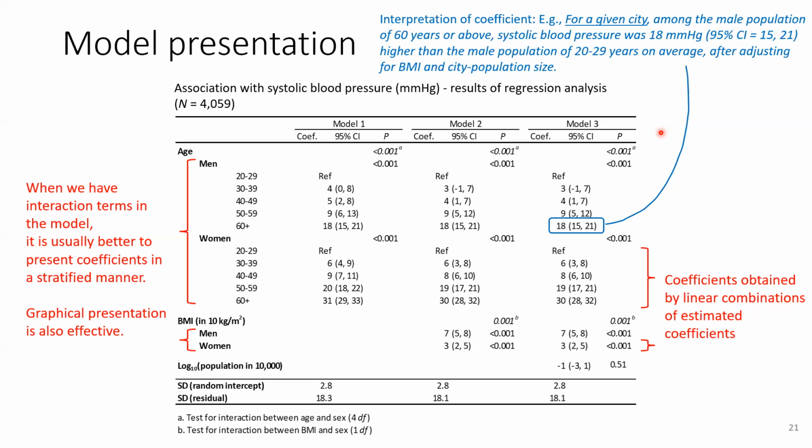Well, a long one, but what is the difference in interpretation between the usual linear regression model and this mixed effect model? It is this underlined part, for a given city. This is the difference. Why do we have to say for a given city?